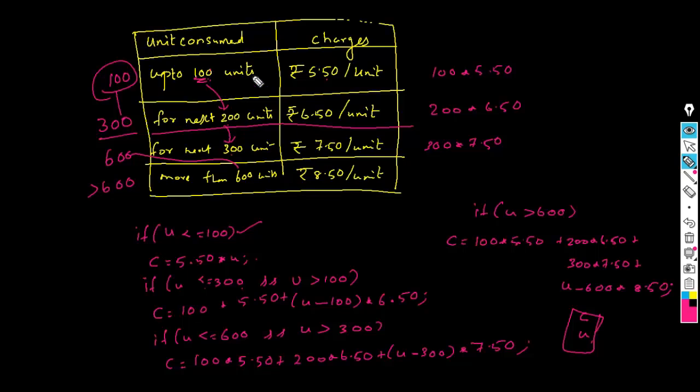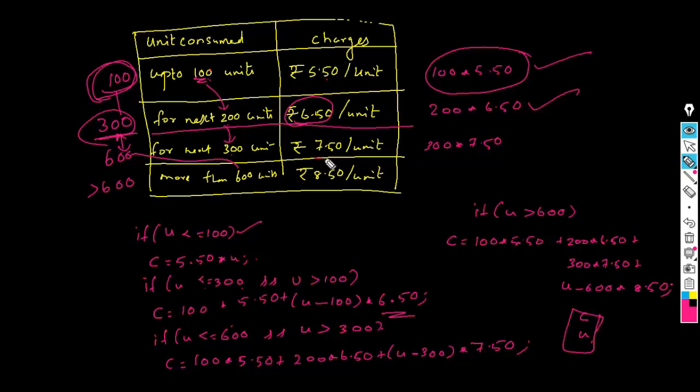What am I doing? The first step statement, 100 into 5.50 plus unit minus the previous step value into this 6.50. The next one, I have to write between 300 to 600. So add it up: 100 into 5.50, 200 into 6.50 plus how much I have to reduce, unit minus 300 into, in this step, 7.50.